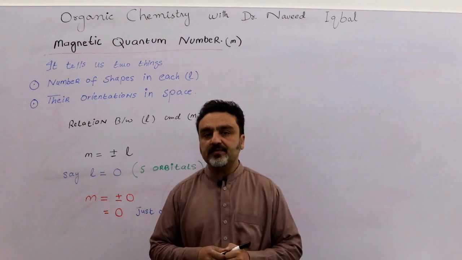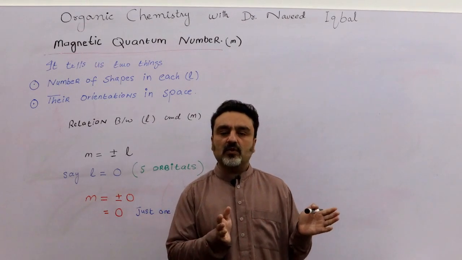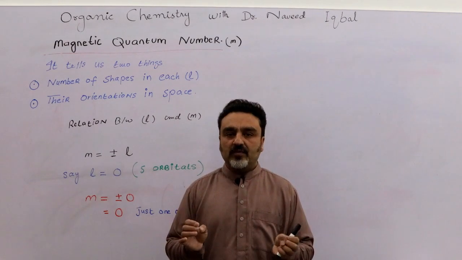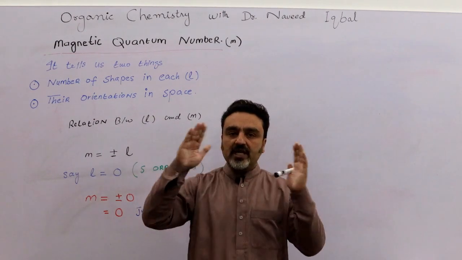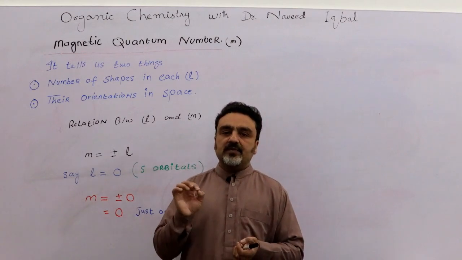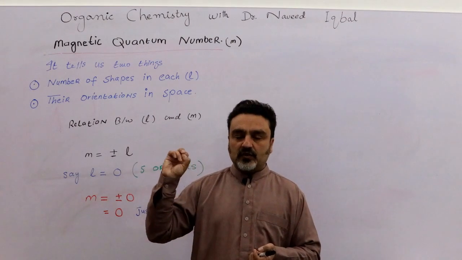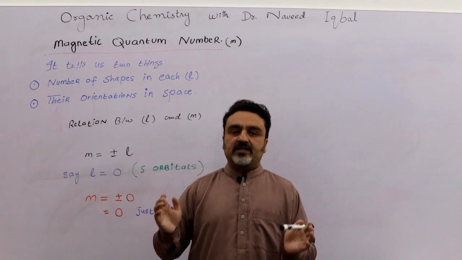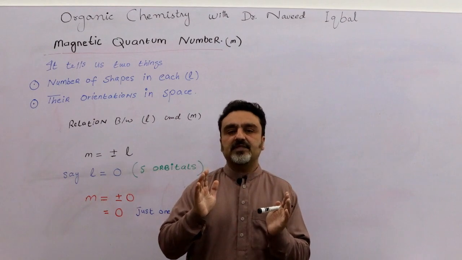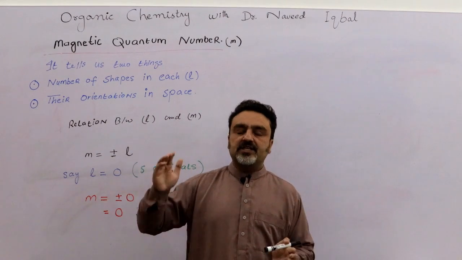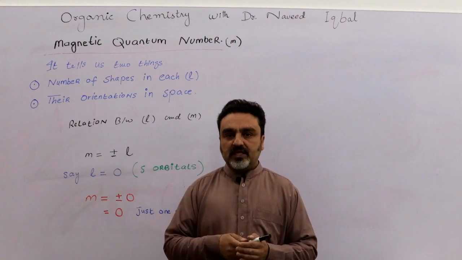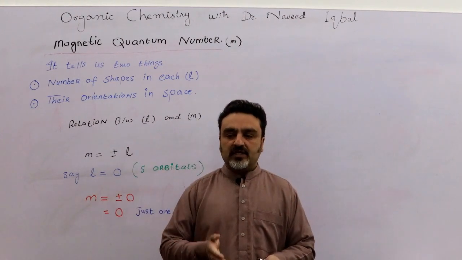We studied the principal quantum number, what this principal quantum number was telling us. It gave us the information about the shells and the energy of an electron in a shell. What will be the energy of an electron in a shell? As the principal quantum number increases, the energy of that electron also increases. But as you know, the shell is just an electron cloud.